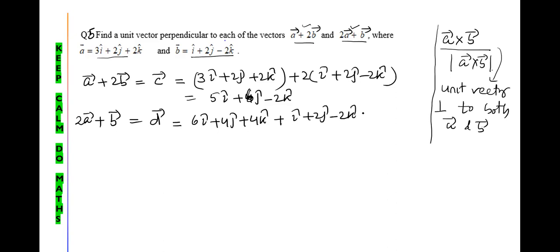So here you are getting what? 2a plus b, done. 2a means 6i, 4j, 4k, and d vector is 6i plus i, 7i cap; 4j plus 2j, 6j cap; 4k minus 2k plus 2k cap.